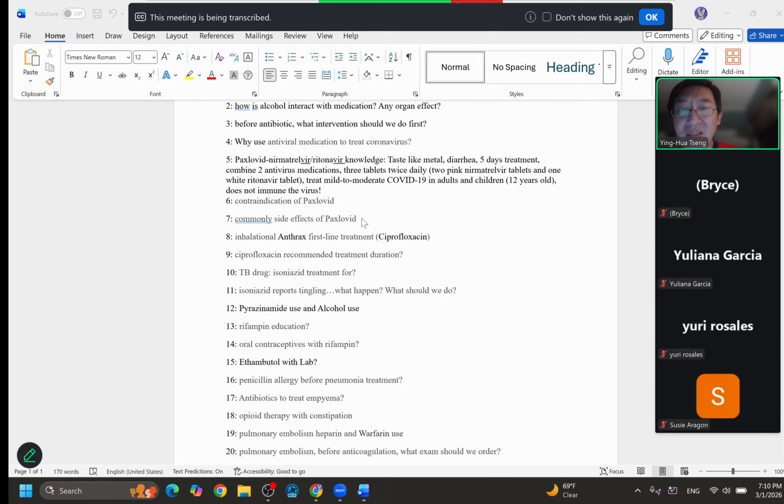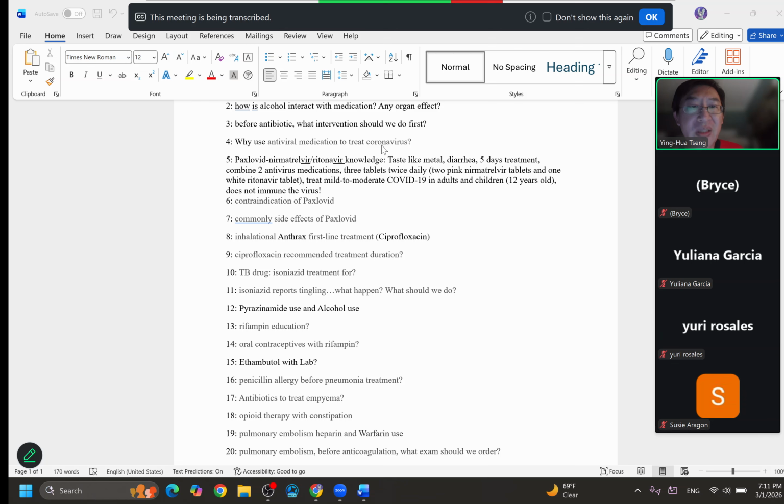So let's see number 6, the question. Contraindication of Paxlovid. What kind of contraindications of Paxlovid do we need to know? Severe renal or hepatic impairment? Yes. Well, hepatic, I would say most of it is hepatic. Renal, yes. Also, we have some research about the renal, yes.